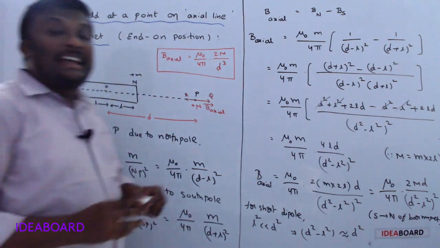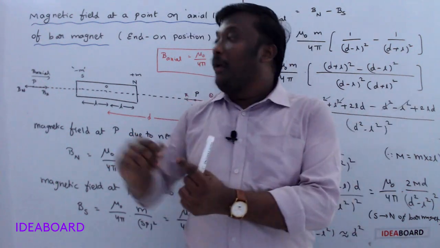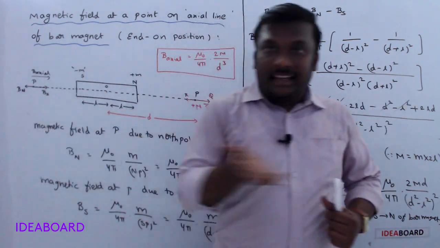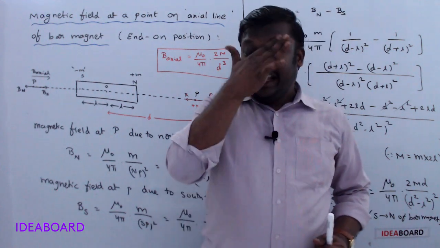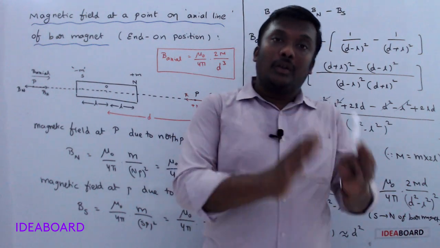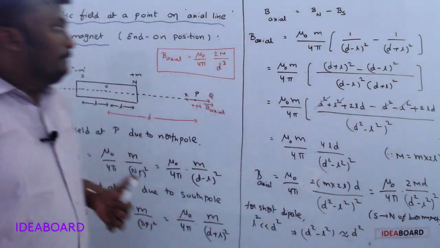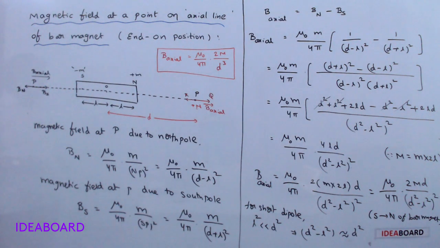So the B axial direction does not change whether the point P is here or there. Along the axial line, anywhere, the direction of the magnetic field is from south to north pole of the bar magnet. Understand? Please write it down.